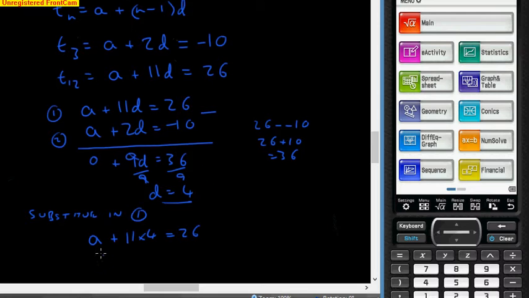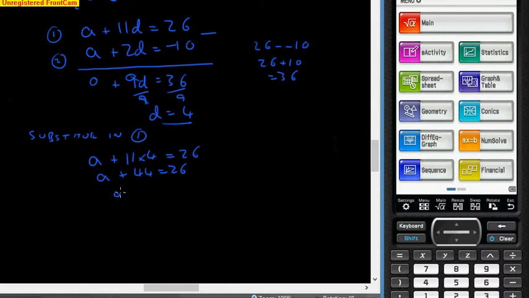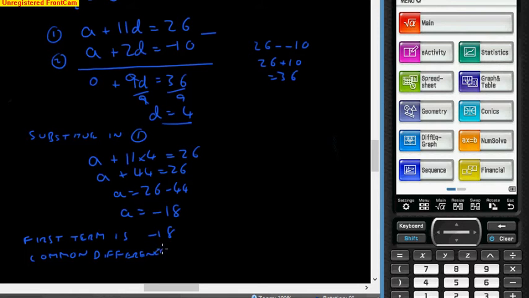So a plus 44 equals 26, and a equals 26 minus 44. A equals minus 18. So first term is negative 18. Common difference is 4.